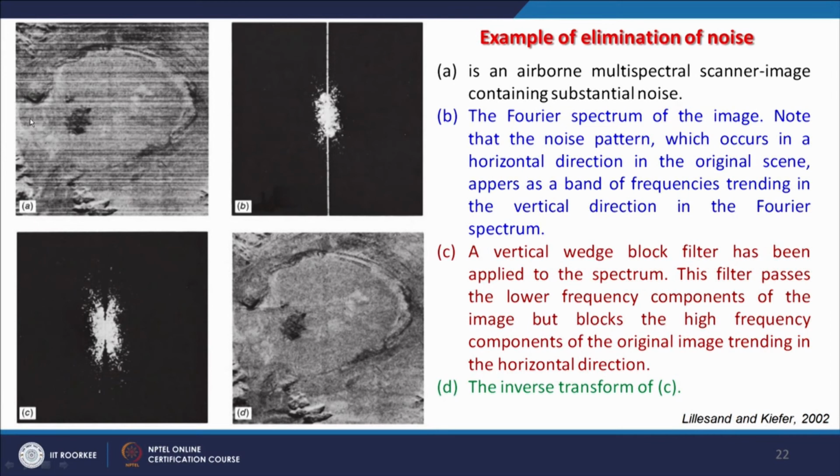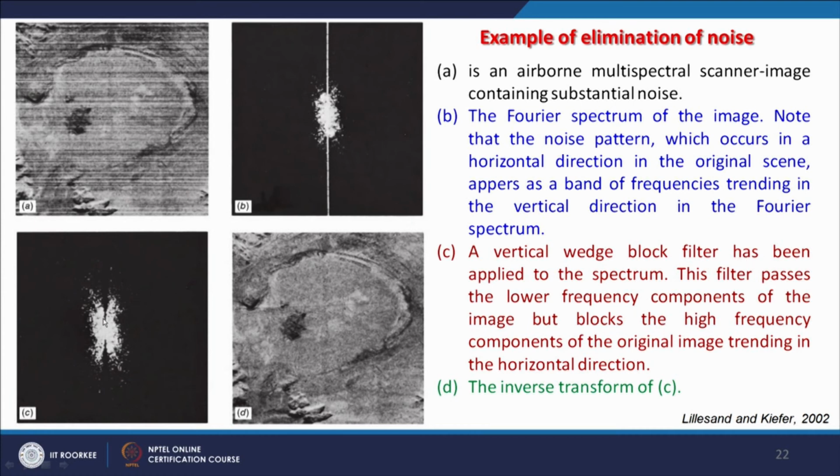So A is an airborne multispectral scanner image containing substantial noise, as you can see. B is the Fourier spectrum of the image; the noise pattern which occurs in a horizontal direction in the image will appear in a vertical direction in the Fourier spectrum. Now C is, as I have mentioned, the vertical wedge block filter that has been applied.